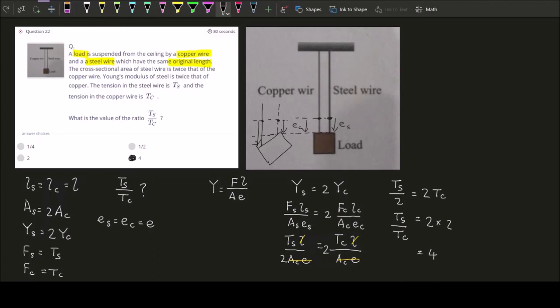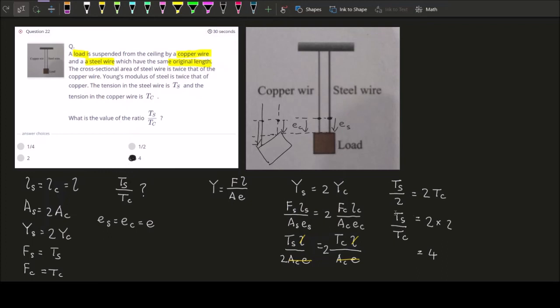That means the steel wire is experiencing a higher amount of tension compared to the copper wire. So why does the steel experience more tension? One thing is that the steel has twice the Young's modulus. How should I think through this part? Let's think about the cross-sectional area first.